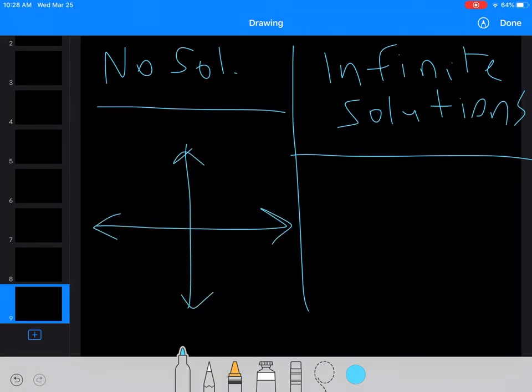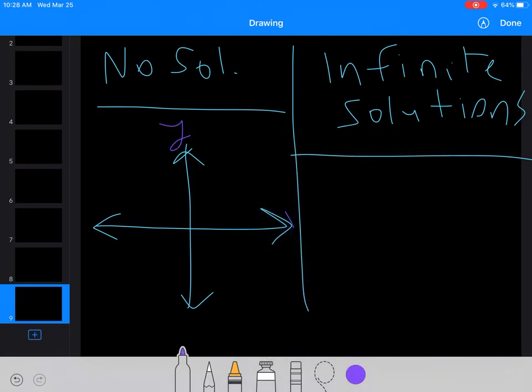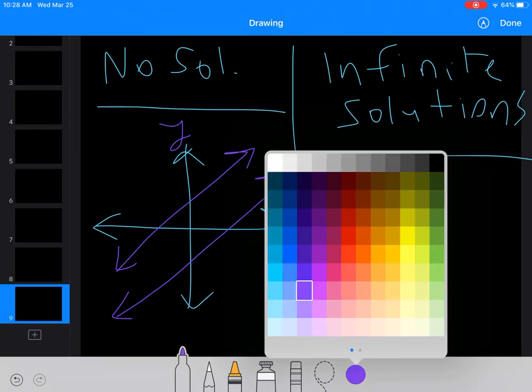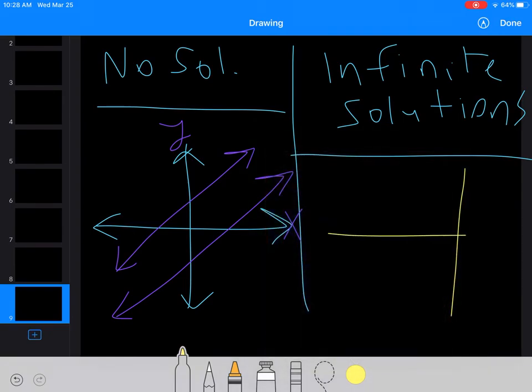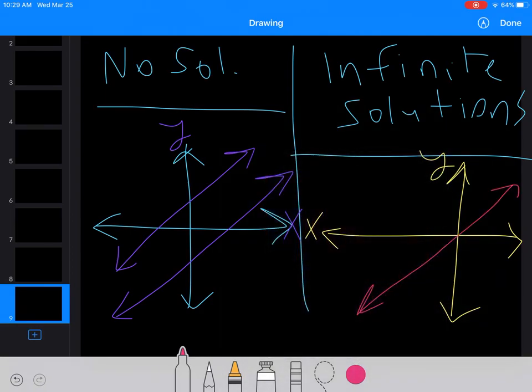The system would be just two parallel lines that do not meet ever. That's no solution. And if I have an infinite solution, I have lines that overlap.